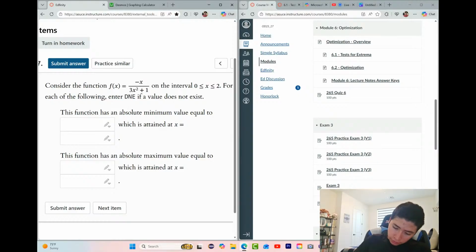So here we have negative 3x squared minus 1 minus negative 6x squared all over 3x squared plus 1 all that squared. This is equal to negative 3x squared minus 1 plus 6x, all of that over 3x squared plus 1, all of that squared.